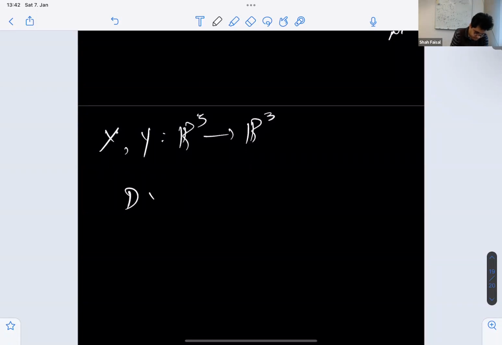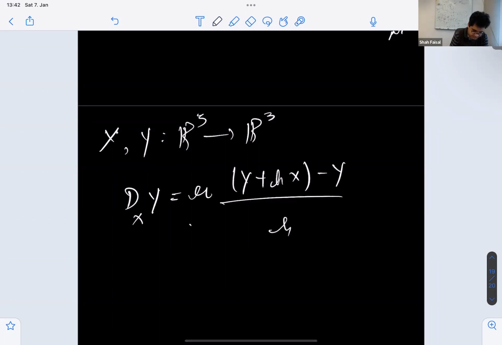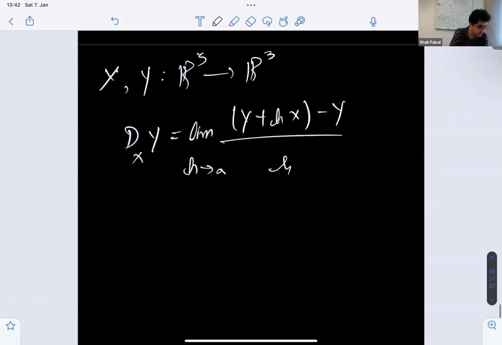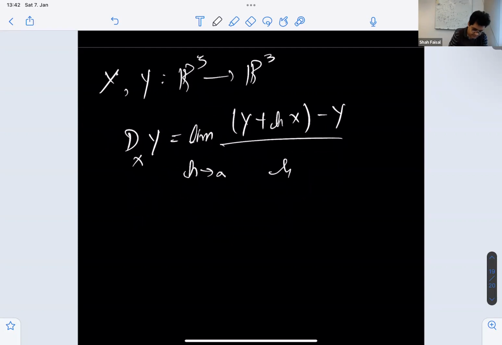So let's say I differentiate Y with respect to X. That is simply, you add some perturbation of X to Y, minus Y, something like this, limit. That's how you define the derivative of one vector field with respect to another one.